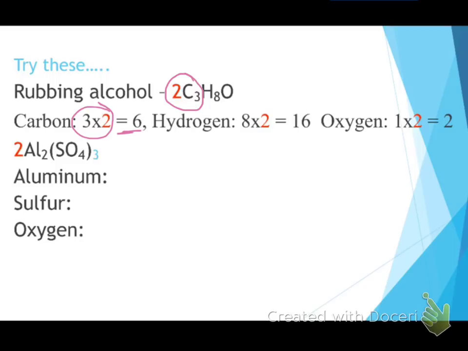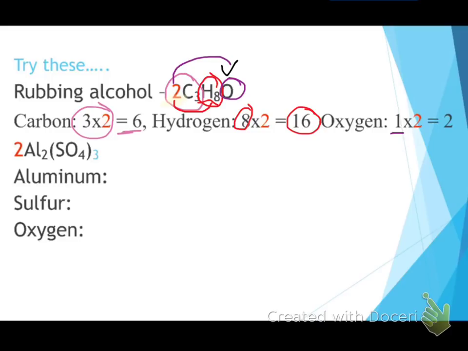Then we have the hydrogen, and there's 8 next to the hydrogen, so you have the coefficient again, and the 2 times 8 equals 16. Then we have the oxygen, and there's 1 oxygen, and you're going to multiply it by that coefficient, which is 1 times 2 equals 2.